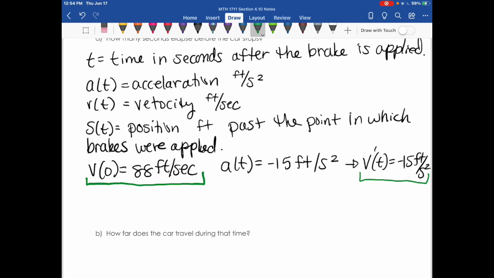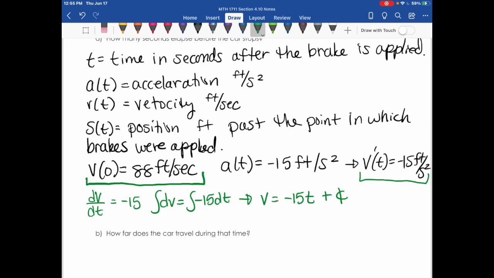So to find my velocity, I'm going to integrate. So I'm going to have the derivative of v with respect to t is equal to negative 15. Now, when I multiply both sides by dt, then I can integrate both sides to solve for v. When I do this, I get v is equal to negative 15t and then plus some constant.